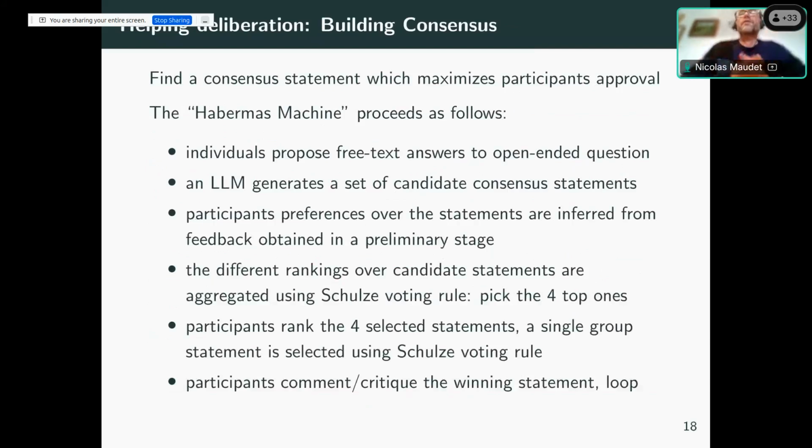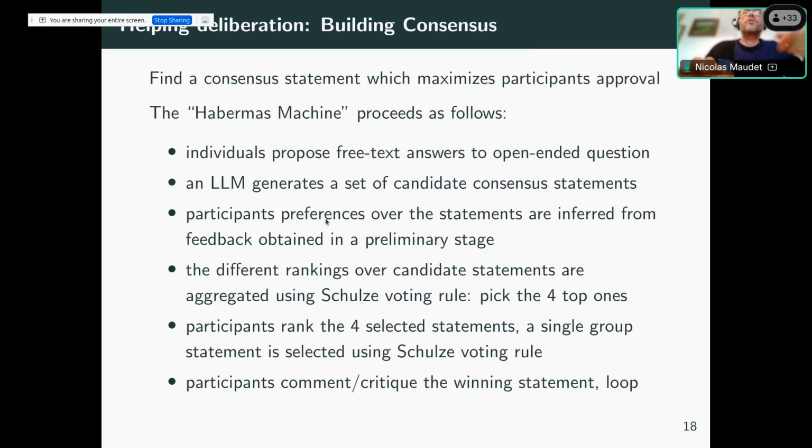And finally, this is the final work that I will present here. I wanted to tell you about the Habermas machine that maybe you've heard of. The idea here is to find a consensus statement which will maximize the participants' approval. So it's used in deliberation platforms as well, for instance, to help with citizen assemblies and things like that. The process goes like this.